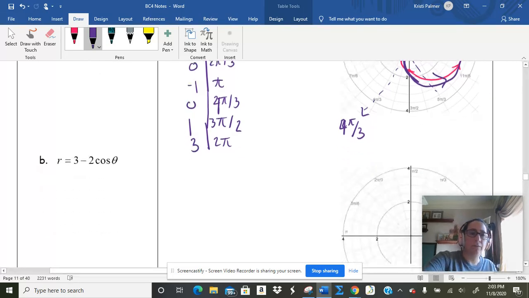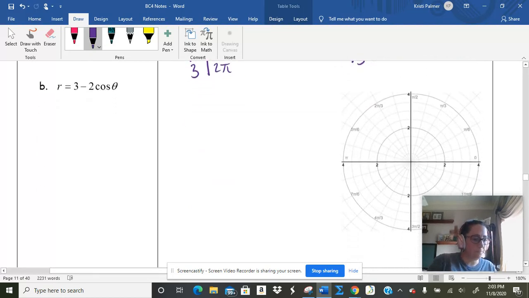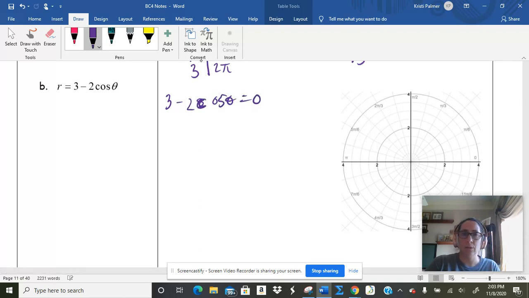All right, let's try to graph the next one. So let's see if we have any zeros, any tangents at the pole. So where does cosine of theta equal -3 divided by -2, which would be 3/2? I don't know on this one. So I really don't know any tangents I'm going to graph here.